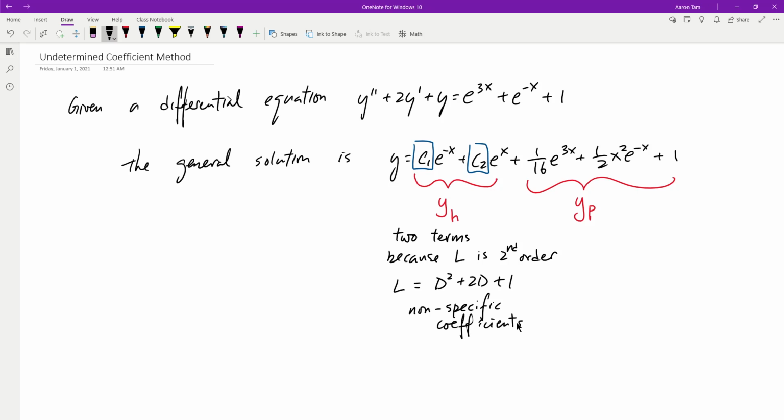Now, what happened to our particular solution? Our particular solution has three terms in it. Why are there three terms? In this case, because we can identify f sub 1 to be equal to e to the 3x, f sub 2 is e to the negative x, and f sub 3 is equal to 1. These three functions combined together form our f.